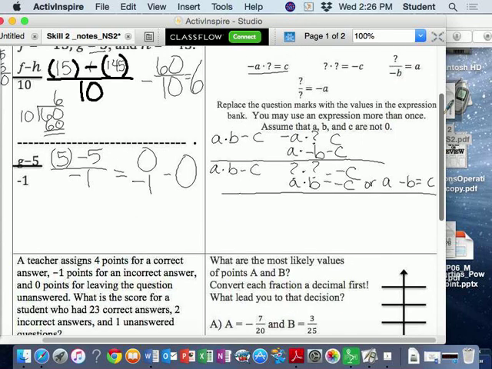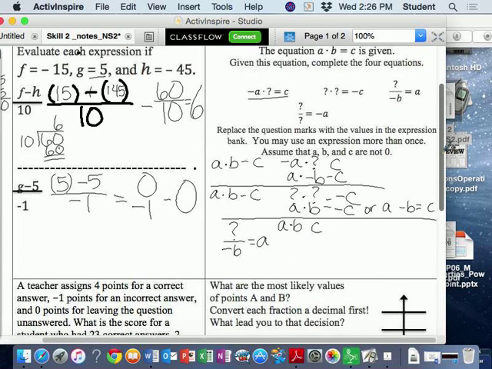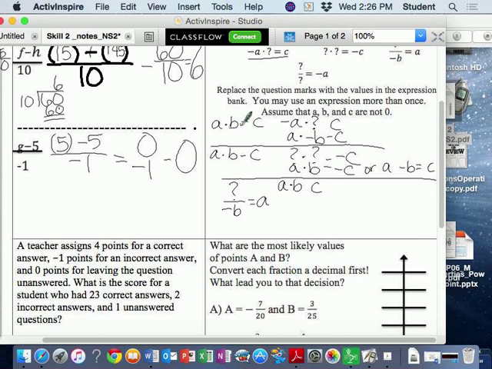Now our next one, we have question mark divided by negative B equals A. So in this one, our equation is in a different order. So if you look at the original, A times B equals C, we want to rearrange it to be like the form that they're looking for now.